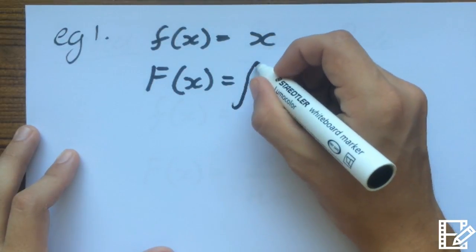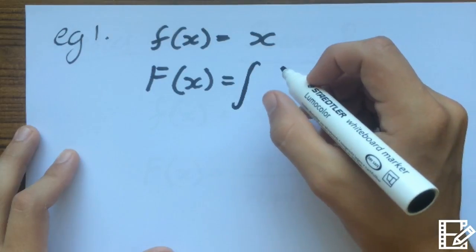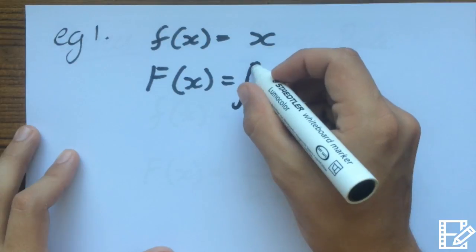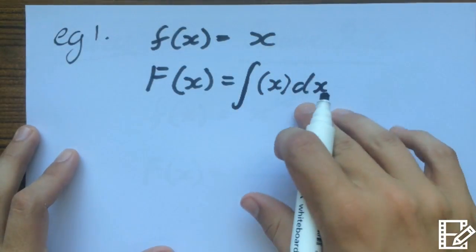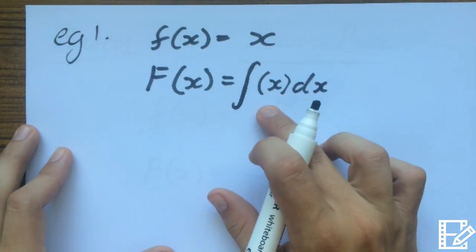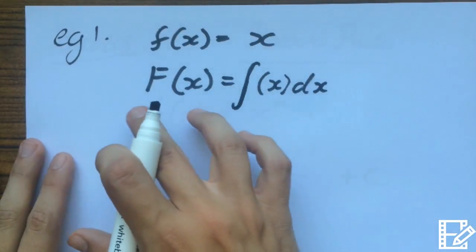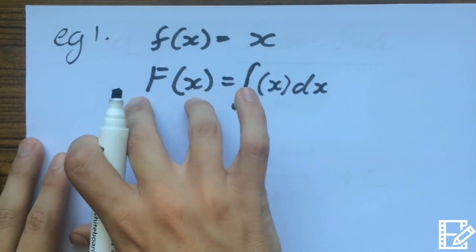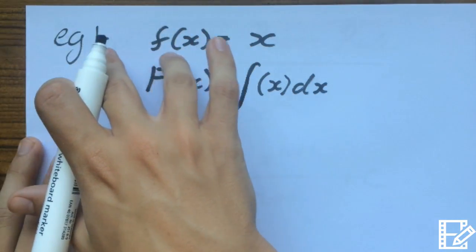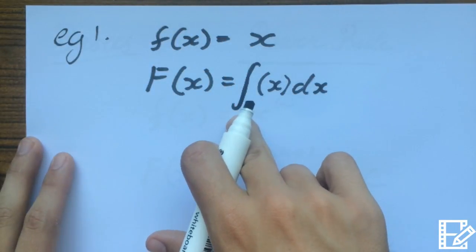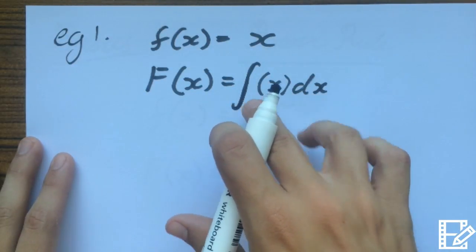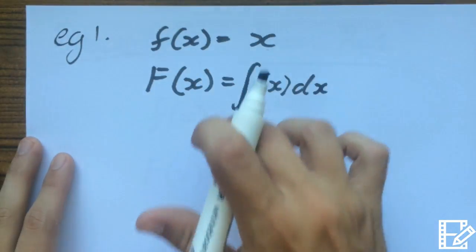We use the operator for the integral, this fancy stretched out looking s, and dx on either side of the function, which in this case is x. This shows that we have the integral of one side and the integral of the other. The capital F(x) shows the integral of f(x), and this funny looking s and dx shows that it is the integral of x.